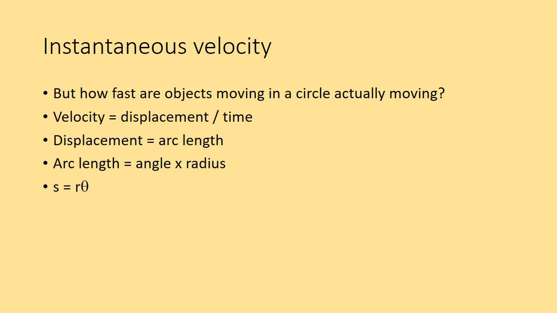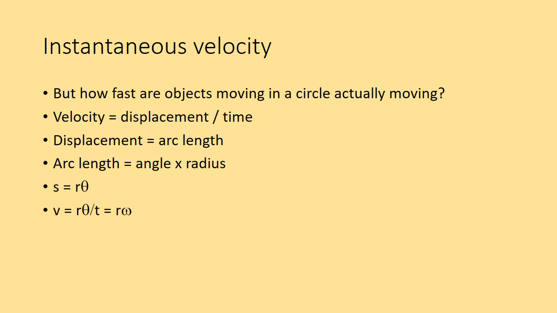Okay, so if you can imagine now, the satellite has swept through an arc with an imaginary line drawn towards the center of the Earth, then the angle that has swept through is the angle in radians multiplied by the distance from the satellite to the center of the Earth. That's the radius, and that gives a displacement. That's how far that satellite has actually travelled.